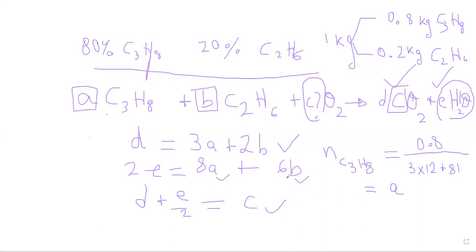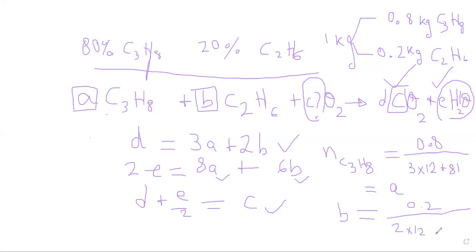And to get the number of kilomole of C2H6, you say that B is equal to the mass in 1 kilogram of fuel, which is 0.2, over the molar mass of C2H6, which is 2 times 12 plus 6.